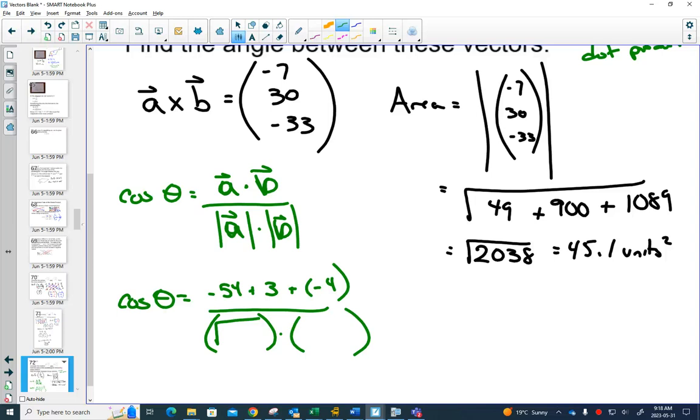The length of A, 36 plus 16 plus 9. Square root of 61. The length of B will be 81 plus 1 plus 1. Square root of 83.